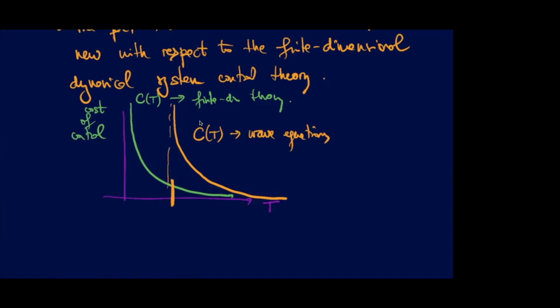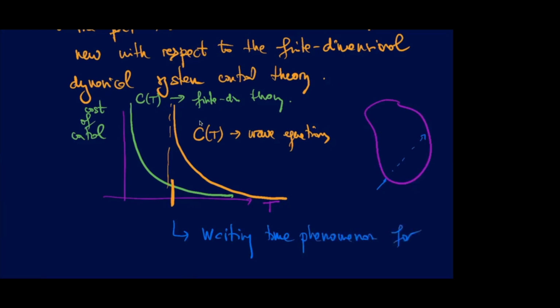And this is precisely related to the geometric discussion we had about the need that the action of the boundary gets everywhere into the domain. So there is a waiting time phenomenon for the system to be controlled.